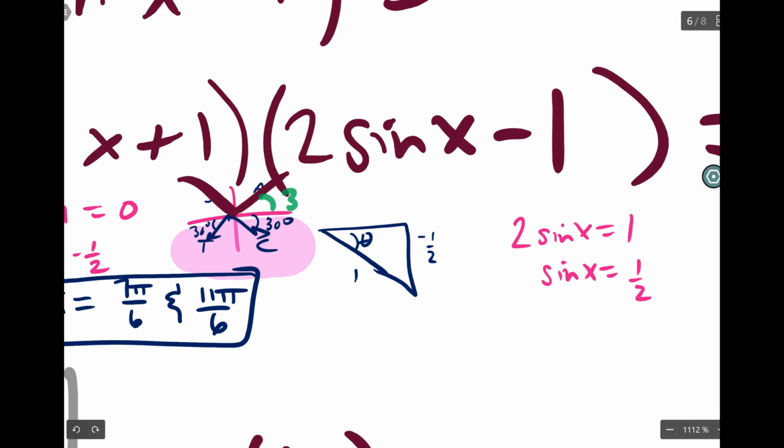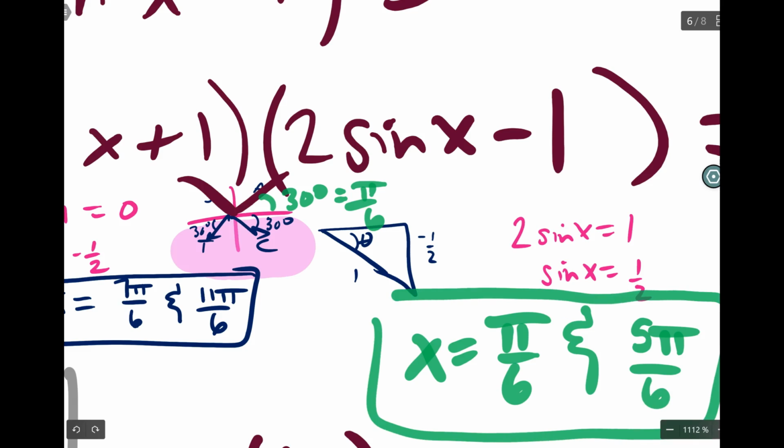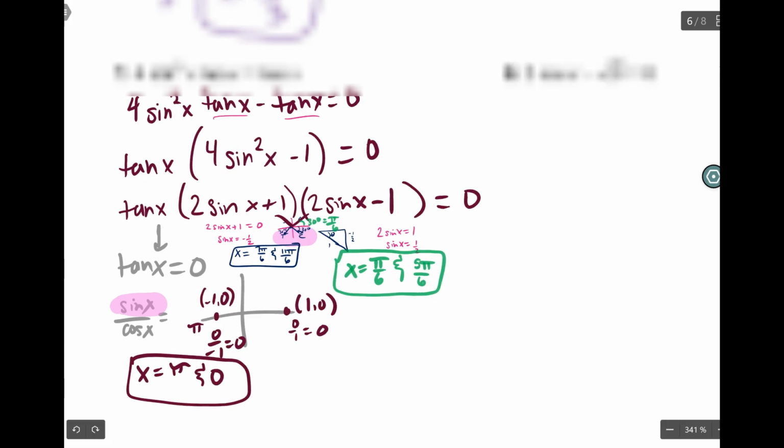So right here, this 30 degrees is pi over 6. So x is equal to pi over 6, and we have 5 pi over 6, because it's pi over 6 less than pi. So I have 6 solutions. Cool.